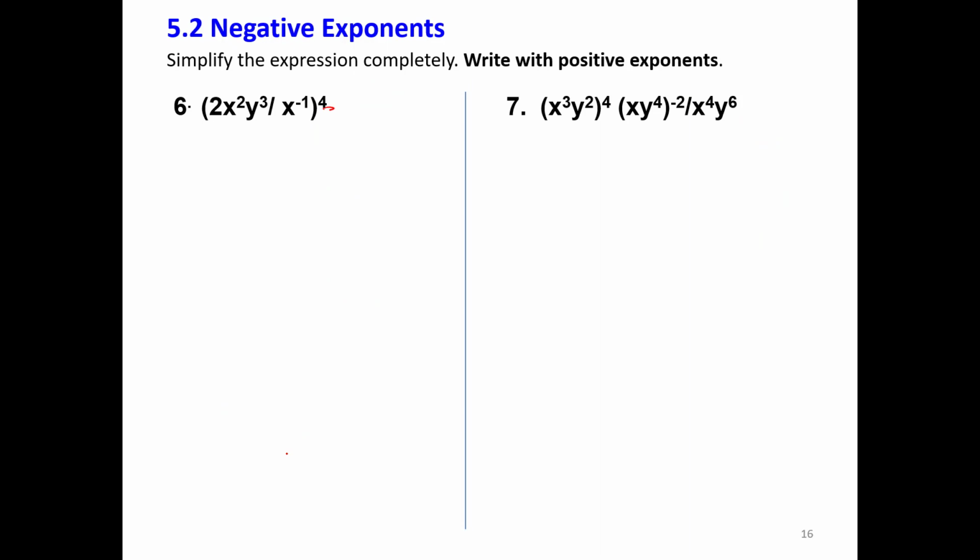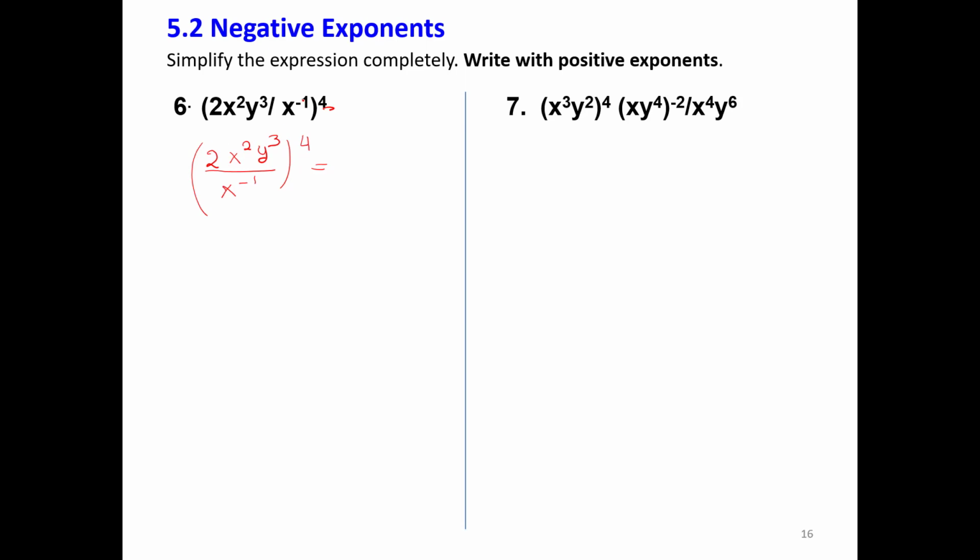And let me try this one again. We had 2x to the second y to the third, divided by something, all raised to a power. Again, if we had a quotient raised to any power, what we will do is try to simplify what we had inside the parentheses first.